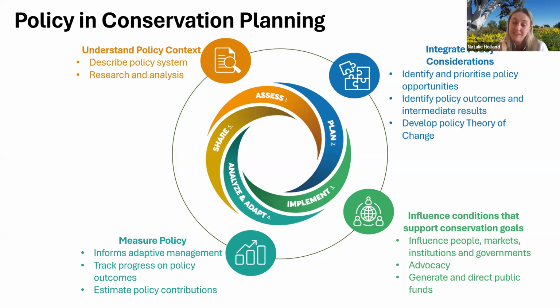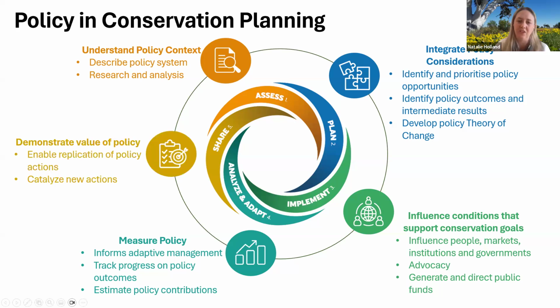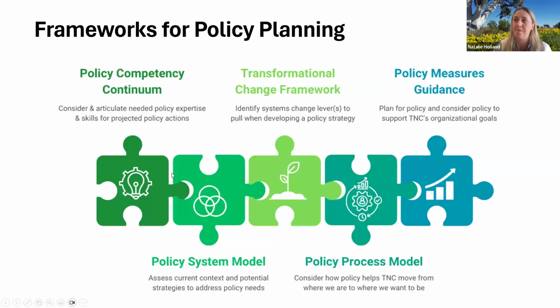One of the more challenging parts here, I think, that we face in our organisation and others might as well, is how do you estimate the contribution of policy towards your outcomes, and when do you say you've achieved that? And that's an ongoing evolution even within our own organisation about how we do that and what that looks like. And then share is the usual part of that cycle of being able to share to enable replication of the policy actions and catalyse new actions.